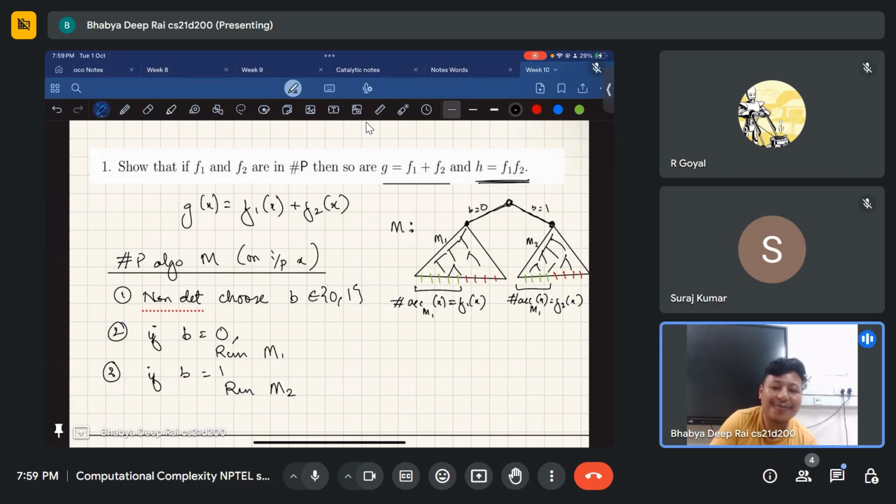Because a lot of real world problems don't always deal with yes and no. A lot of problems deal with counting, and counting and search are not very different. A lot of real world problems actually depend on searching, and there are lots of counting problems in real life.